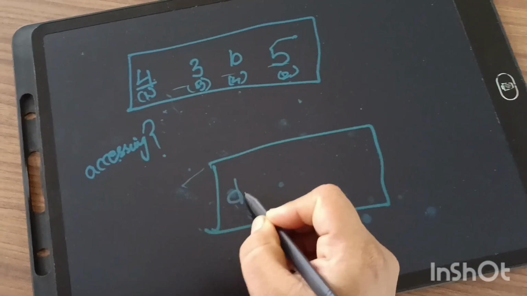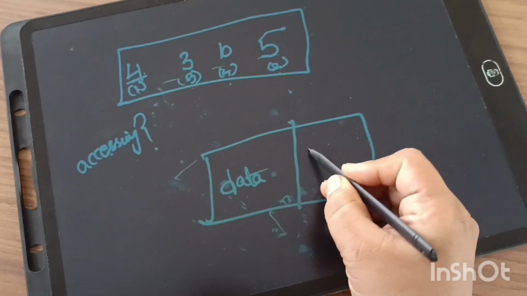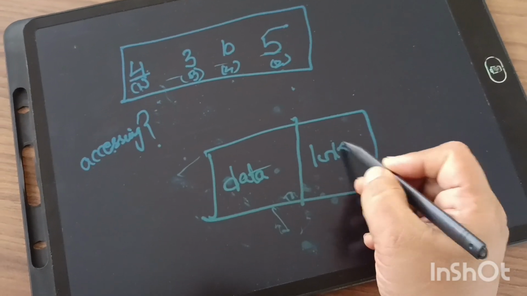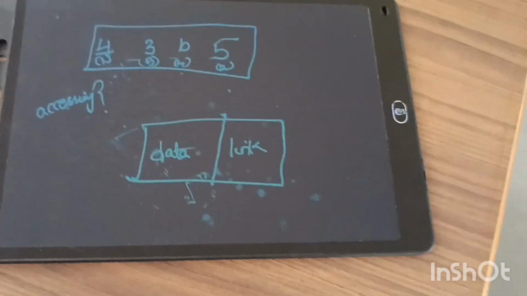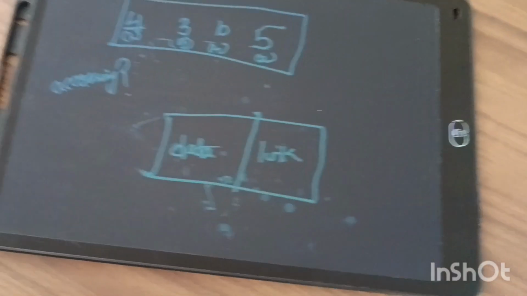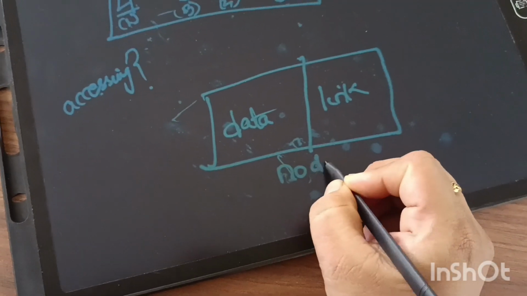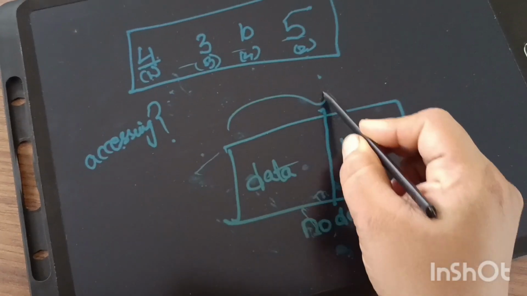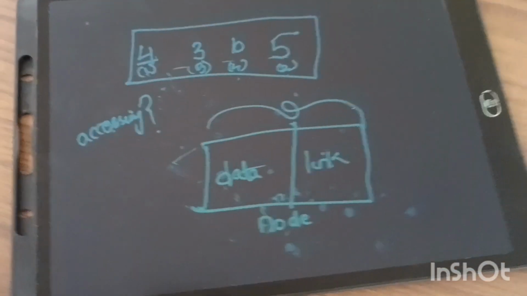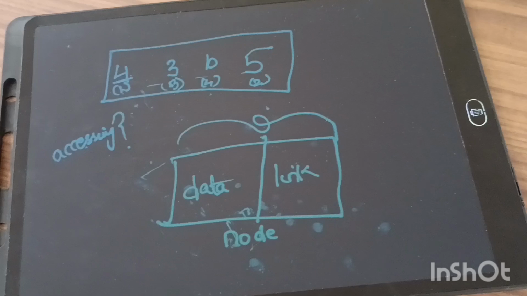So along with data I am storing one more thing, that is the link to the next address. So data and link are stored together. This we usually call a node. This is one single node. So a collection of nodes is called a linked list.